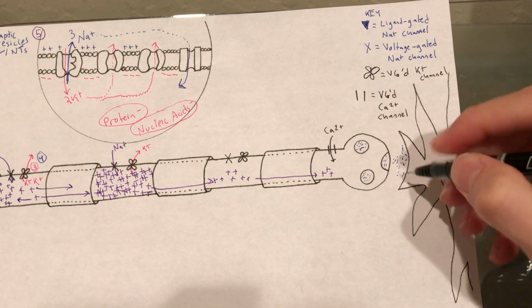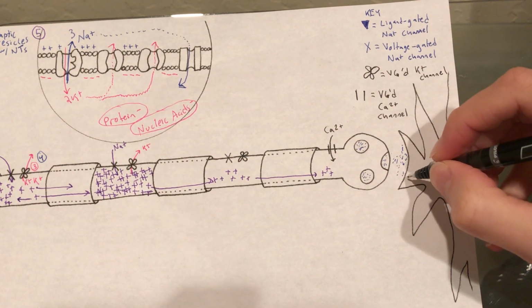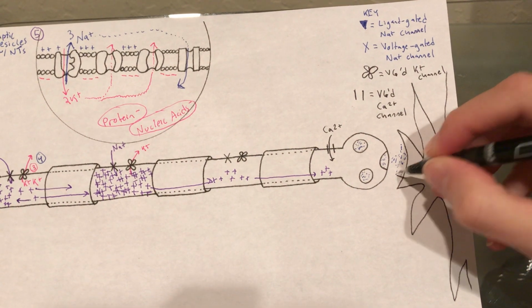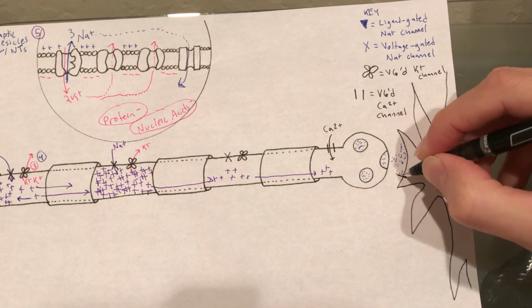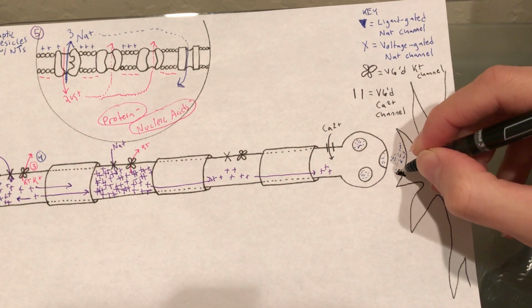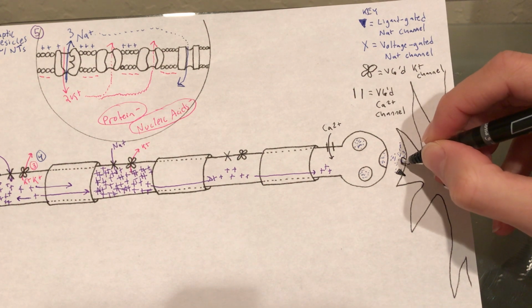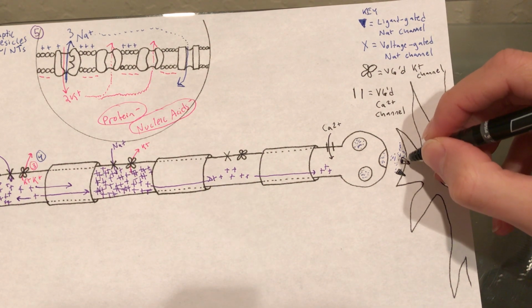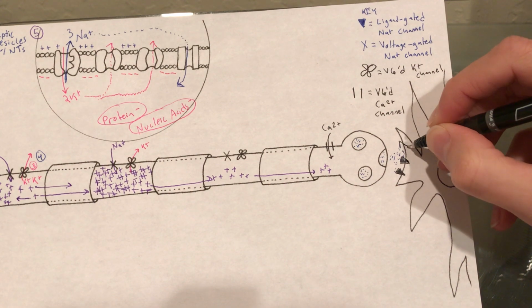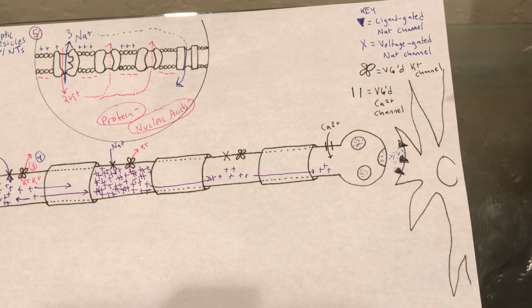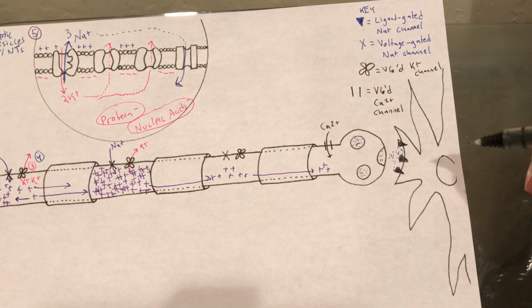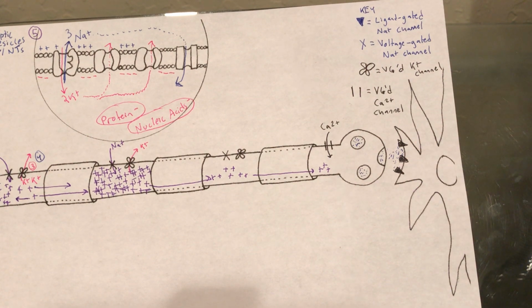Here's a dendrite of that neuron. This would have receptors on it too. This would have those ligand-gated receptors. Sorry, not receptors. These ligand-gated sodium channels. And then the process can start all over again in this next neuron.